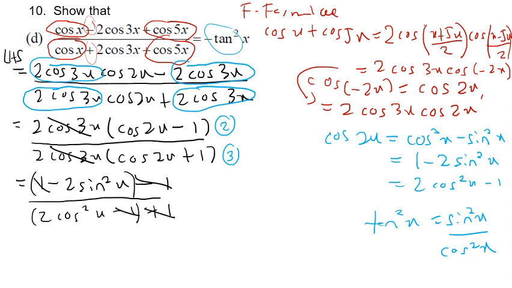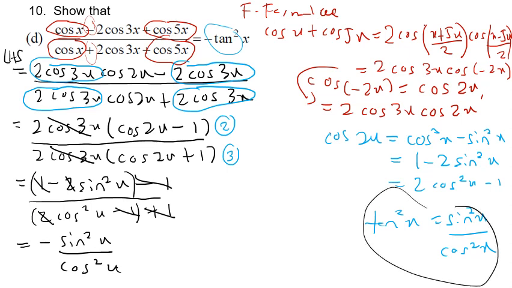At the end we can also cancel out 2 and 2. Notice that we have negative sine squared x over cos squared x. So now you know what you need to do in our last step, right? That is this one. So at the end we can clearly show that it is equivalent to negative tangent squared x.